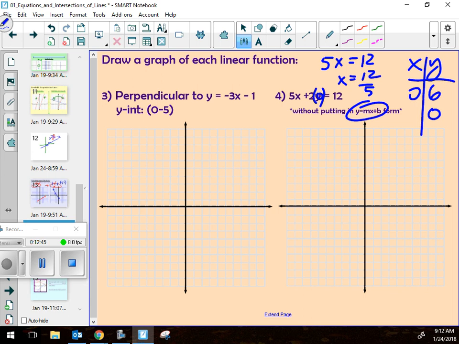Okay, so I'm going to call it 12/5, also known as 2 and 2/5, which would be about 2.4. So (2.4, 0) is about there. And the other point we had was (0, 6).